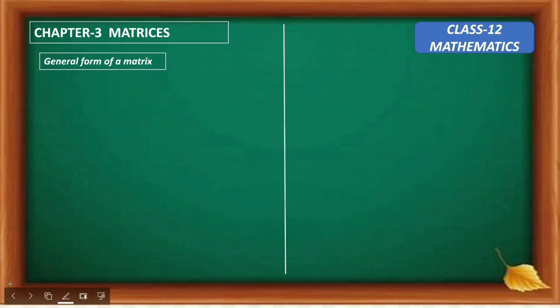The general form of a matrix. Give it one name. A equal to matrix, a11. The first element is a11, the second element is a12, then a13, etc., a1j, etc., a1n.